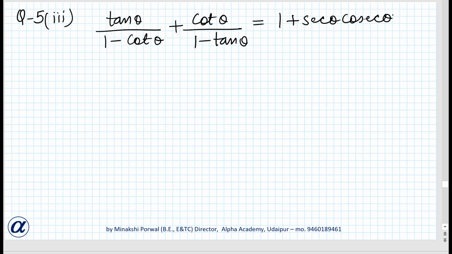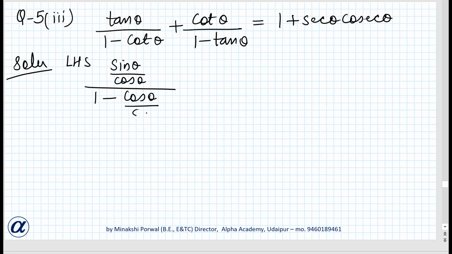We'll take LHS and convert tan to sine upon cos. So sine theta upon cos theta, cot theta as cos theta upon sine theta. Okay. And this will be cos theta upon sine theta, and tan theta is sine theta upon cos theta.